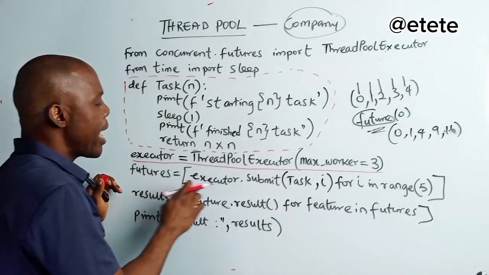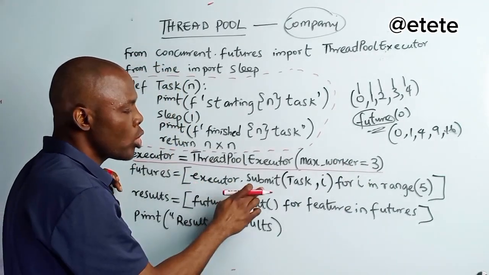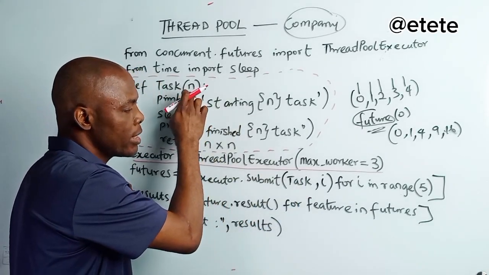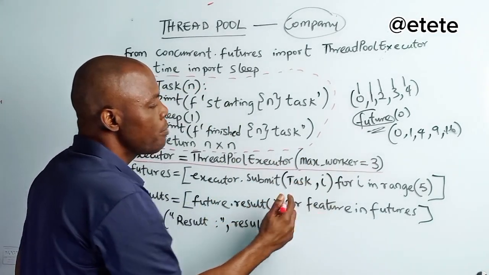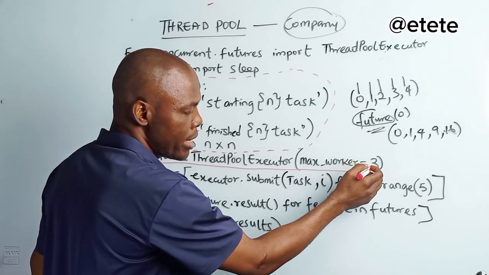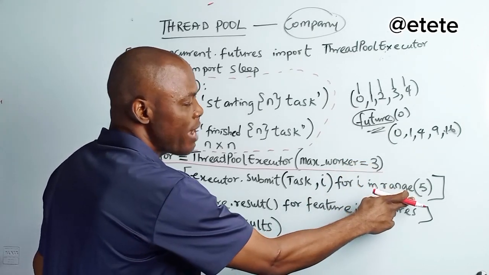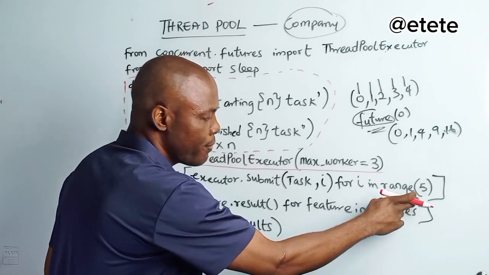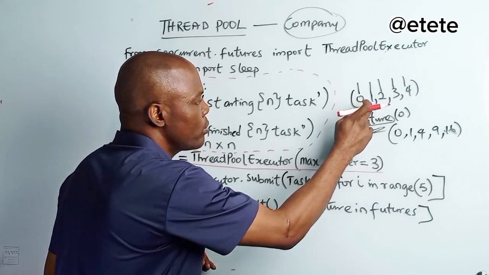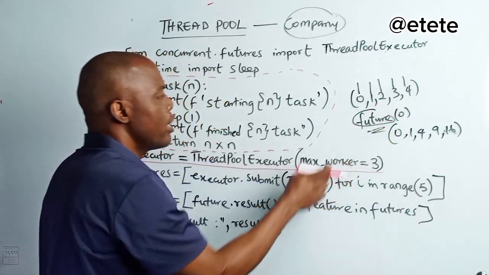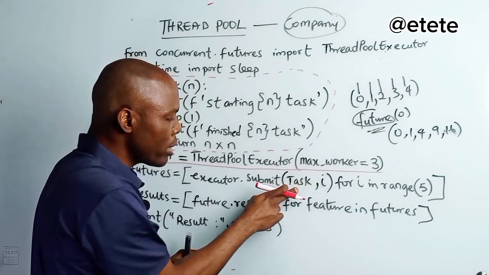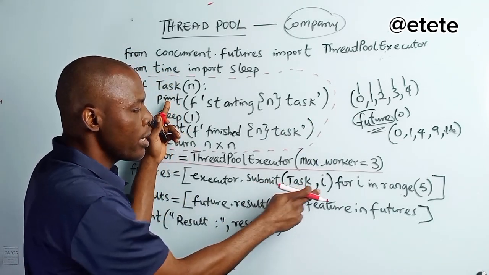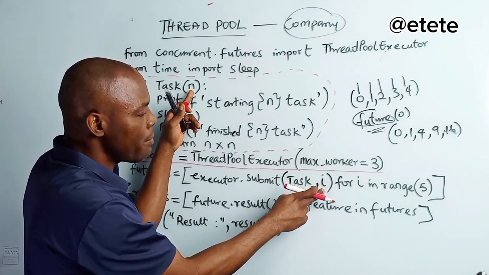Now, I am using that company to call the submit method to submit this task to the threads. Because I have only 3 threads and I have 5 tasks, that's what this place means: for i in range 5. I have 5 tasks, 1, 2, 3, 4, 5. So when I'm calling the task function, the n, which is the parameter, is i.